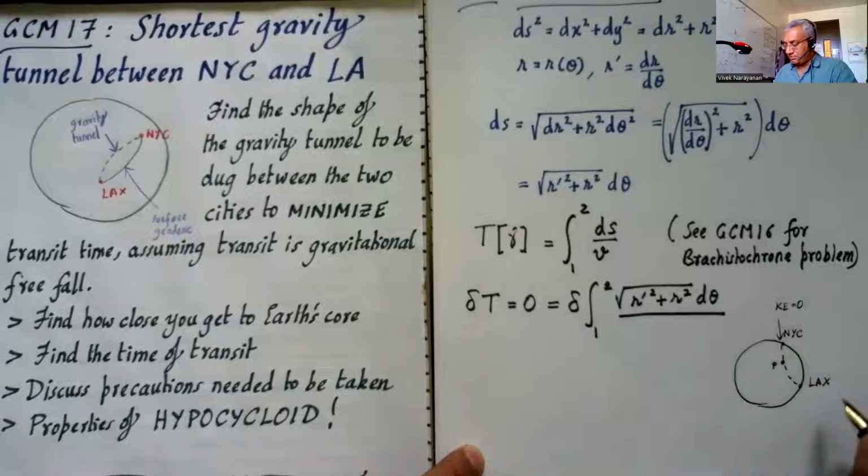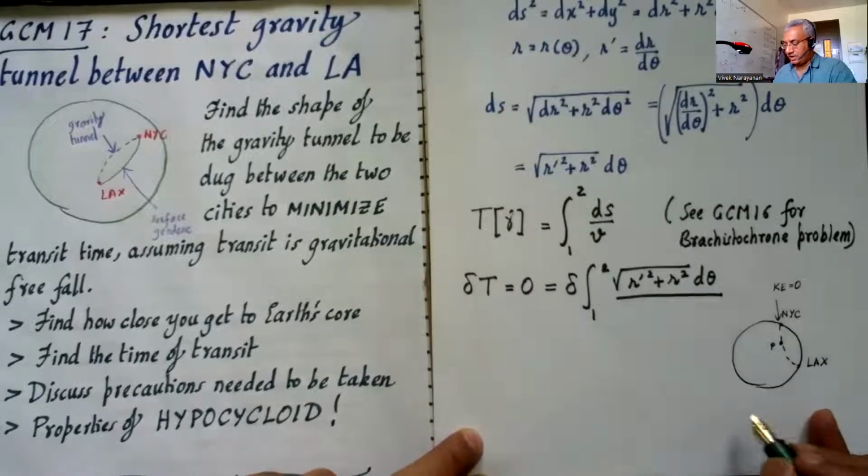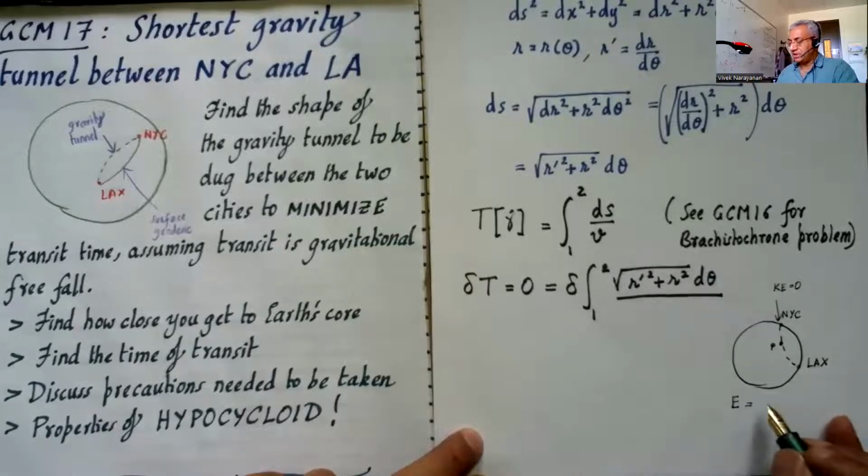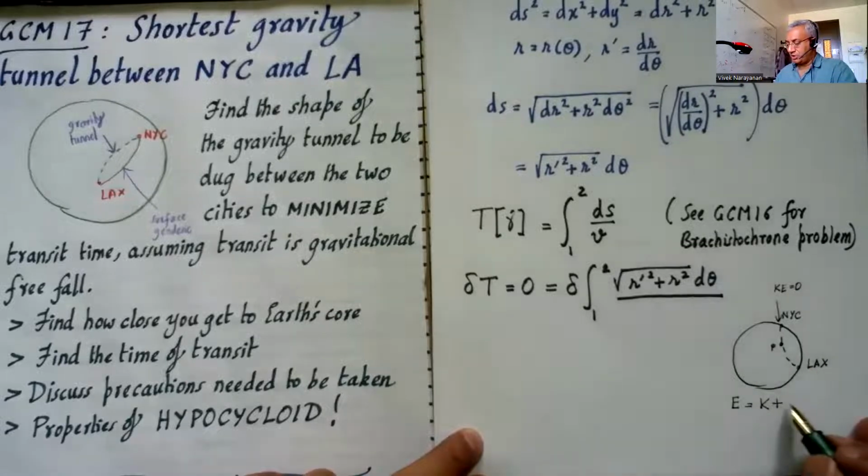By energy conservation between New York City and Los Angeles, the energy at New York City is the total energy E, and that total energy is purely potential. So that's the potential energy, which is also the total energy. Inside, it's going to be a combination of kinetic energy and potential energy, so it's K plus the potential energy V as a function of r.